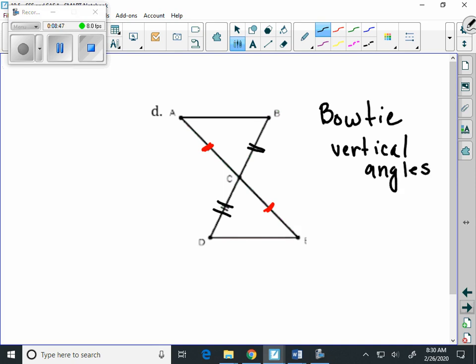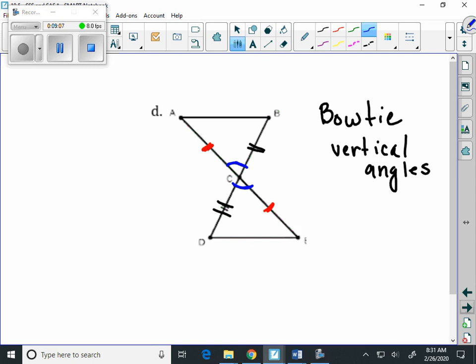So once we know that fact, we can mark up this diagram and label where the vertical angles are. This angle here is congruent to that angle there. Vertical angles, sometimes people think of them as opposite angles.